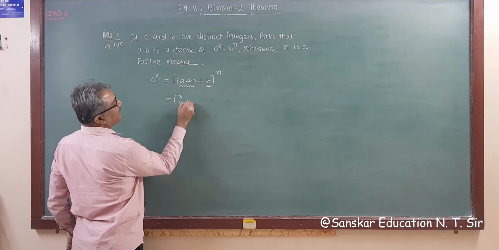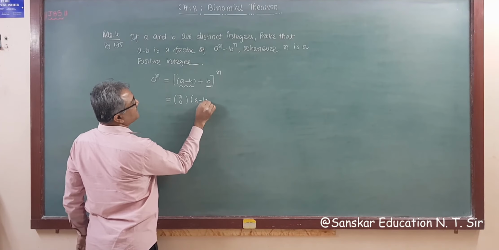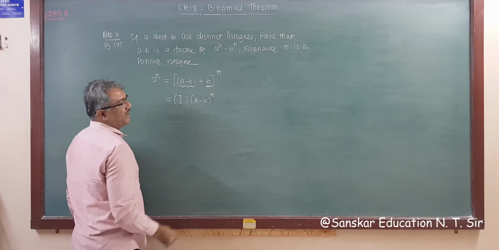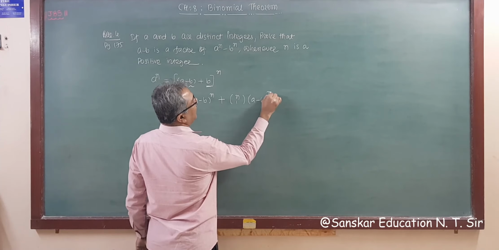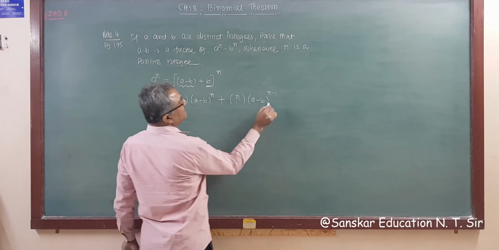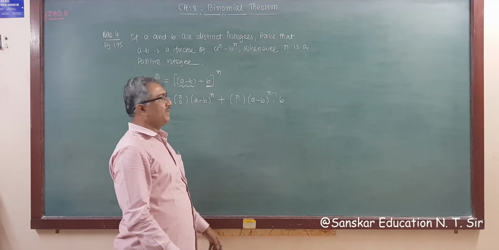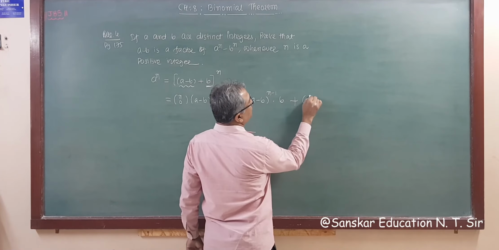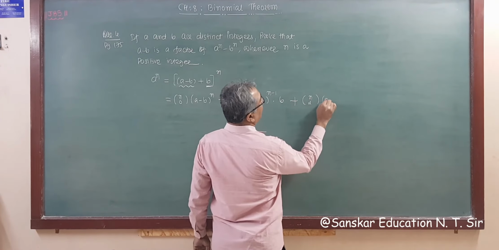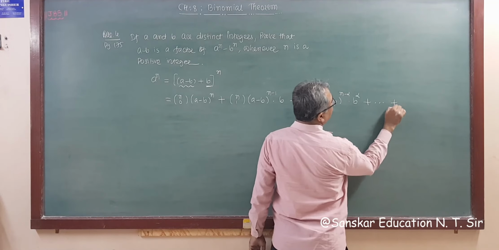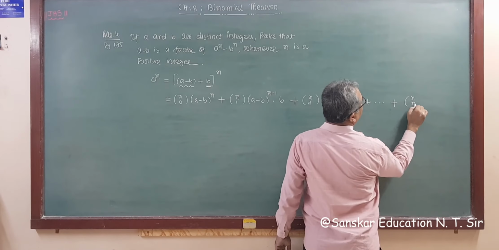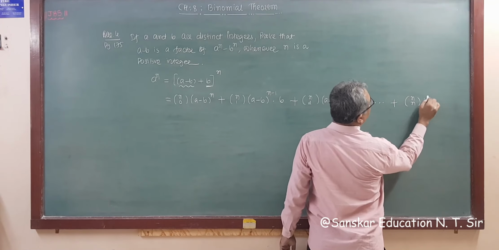nc0, a minus b whole raised to n, plus nc1, one power less, a minus b whole raised to n minus 1, and increasing of this one power is b, plus nc2, a minus b raised to n minus 2 into b square, right? And plus dash dash dash, last term will be ncn and b raised to n.